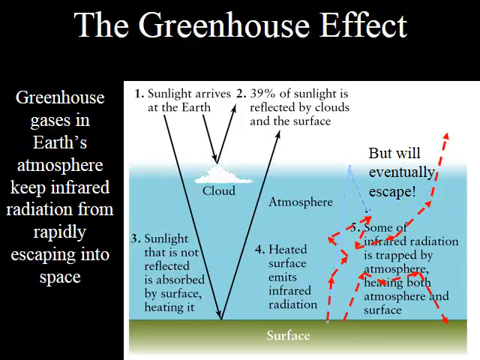The Earth will start to radiate infrared light, so that infrared light will start to stream out into the atmosphere, but the greenhouse gases will absorb it and re-emit that light in some other direction. So instead of going straight out into space, it has to take a very jagged, longer path to get out into space.